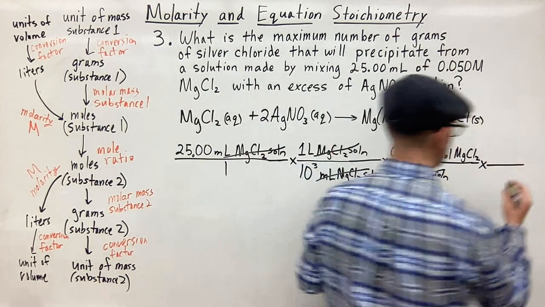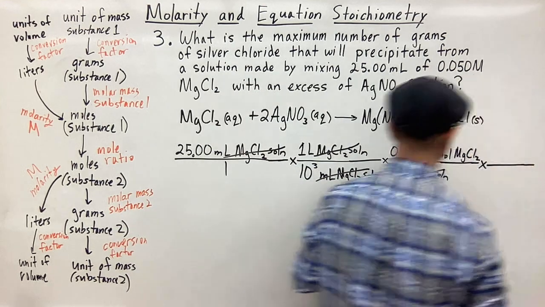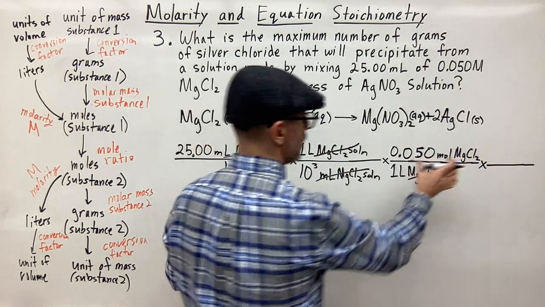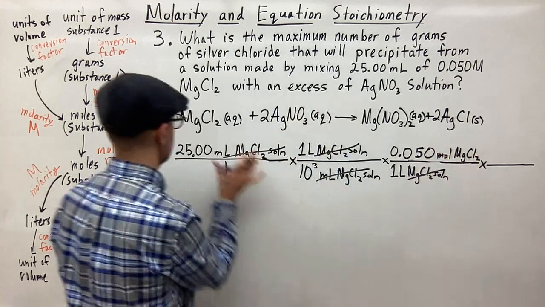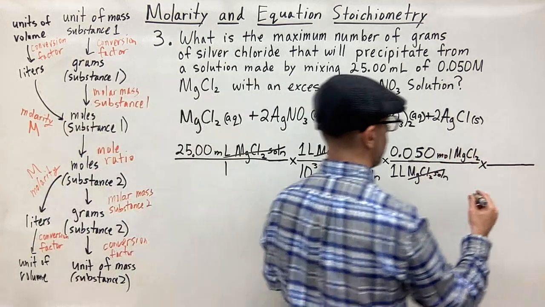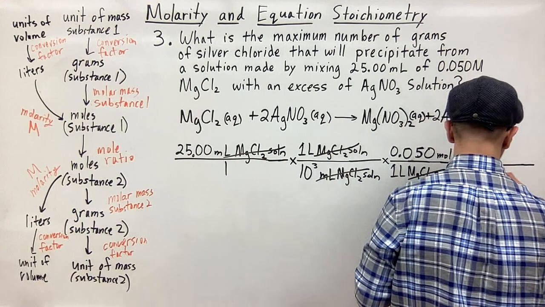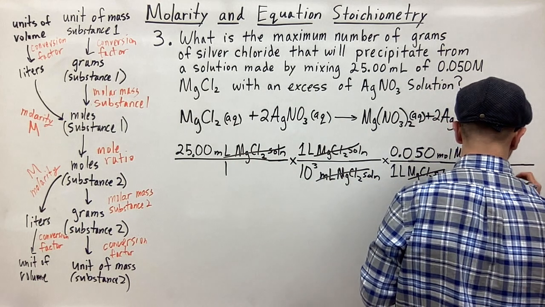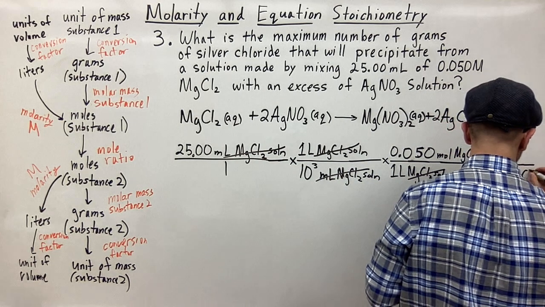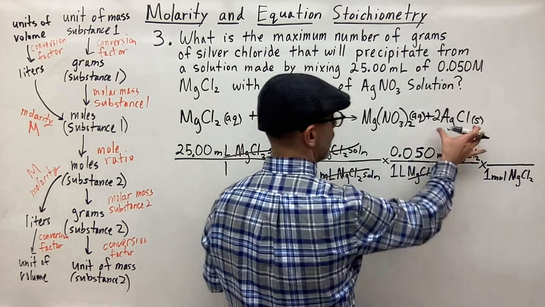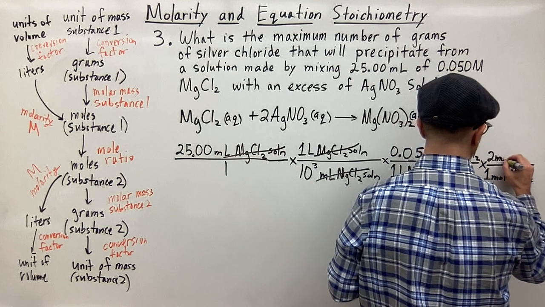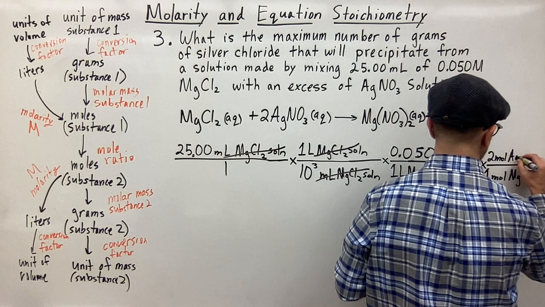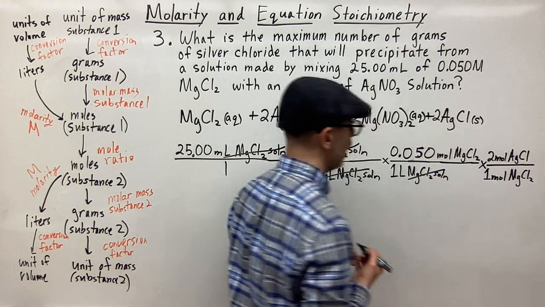Okay, so let me make that longer. So on this side, I have moles of magnesium chloride, so I'm going to put 1 mole of MgCl2 on the bottom, and then 2 moles of the AgCl on top.